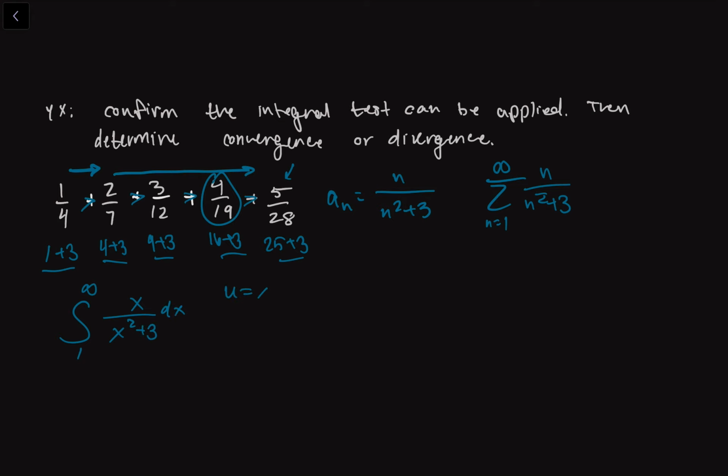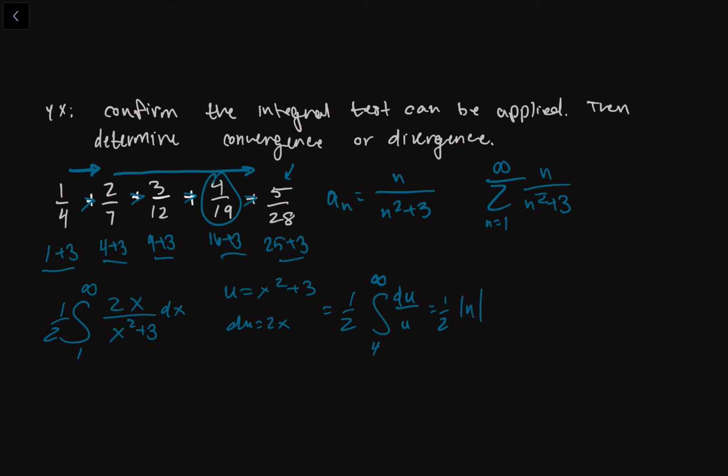So with a simple u sub, let's throw in the 2, account for it with a 1/2 out front. I do have the whole video on improper integrals if this part confuses you. But we can change the bounds to the u. 1 squared plus 3 is 4. Infinity squared plus 3 is infinity. That way we won't have to plug back in our function of x, which we'll see in a minute.